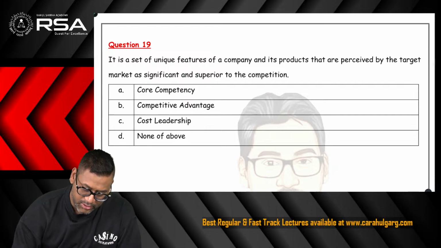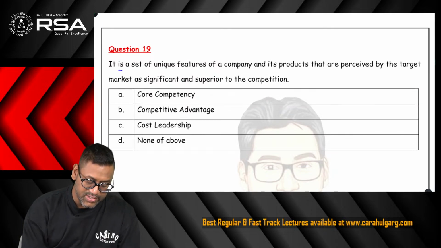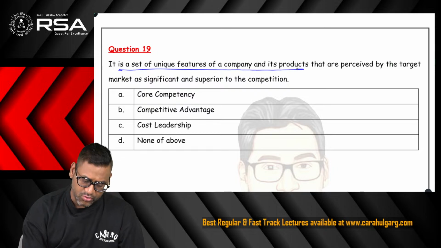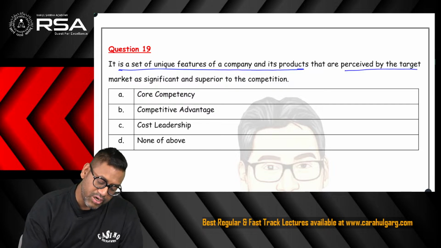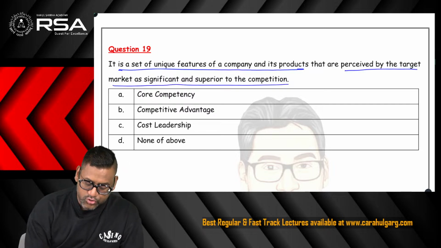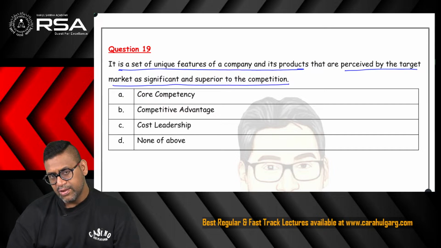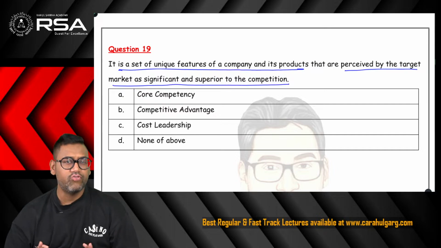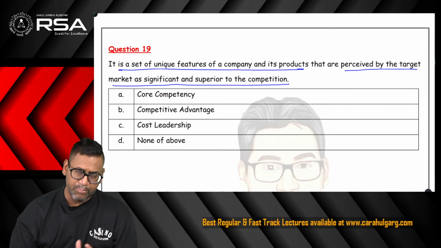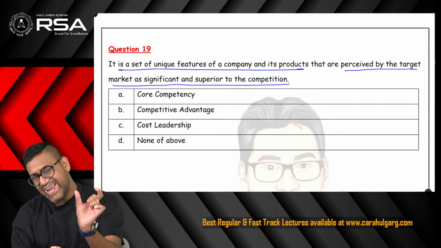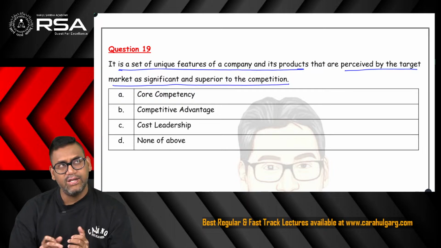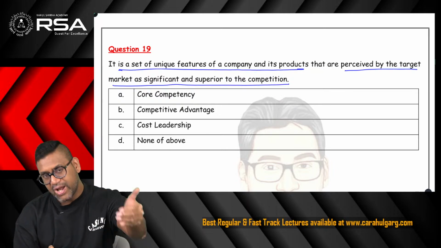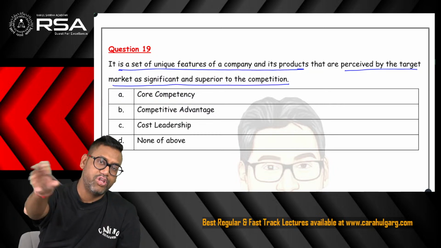Okay. The next one says it's a set of unique features of a company and its product. So it says the company and its product have certain unique features which are perceived by the target market as significant and superior to the competition. For example, in an industry there are five competitors, five firms competing with each other. Out of that, let us say firm X is perceived by the target customer as superior to all others.